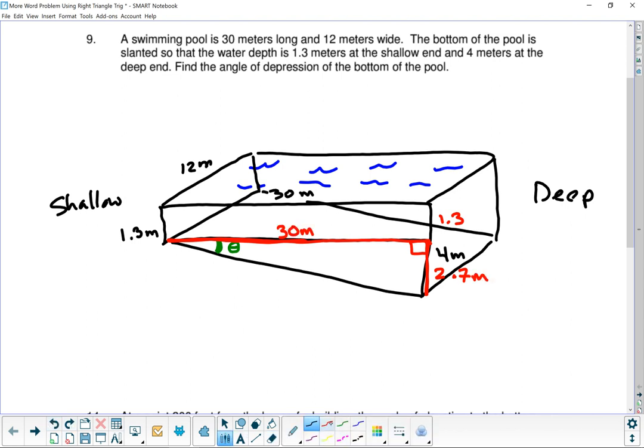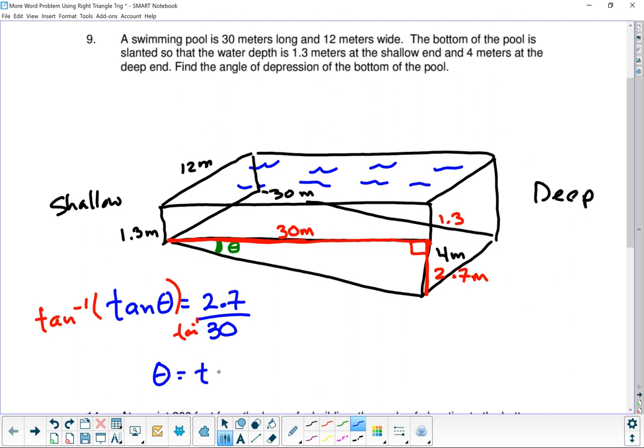So we got tangent of theta equals the opposite, which is 2.7, over the adjacent, which is 30. And to do this, we need to inverse tangent both sides. So we will end up with theta equals tangent inverse of 2.7 over 30.